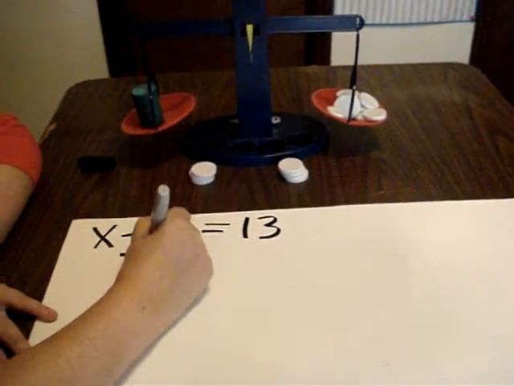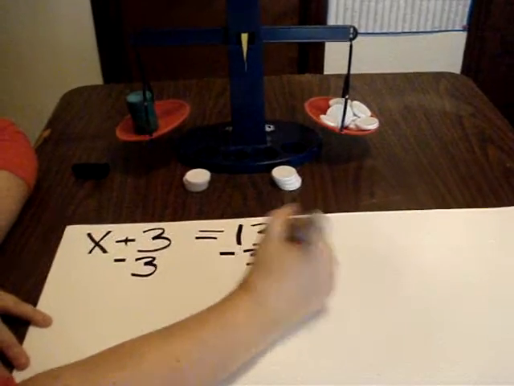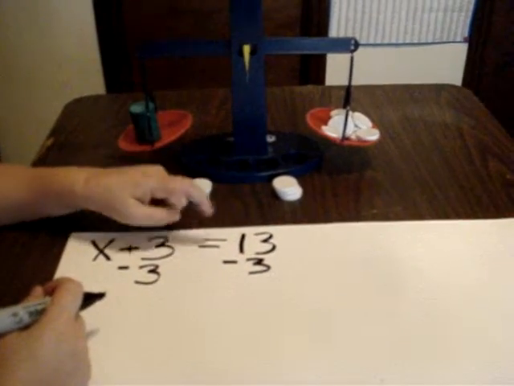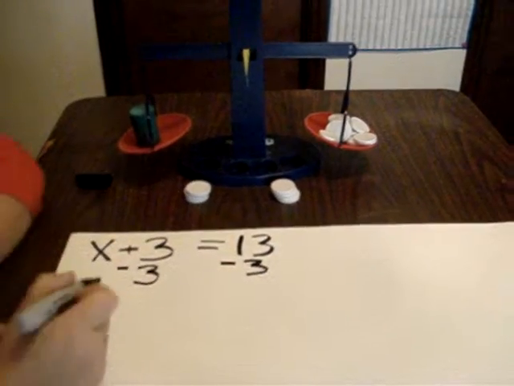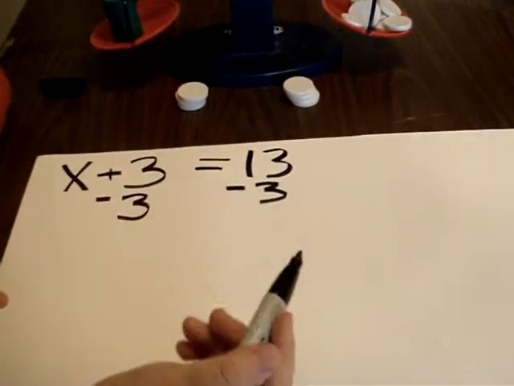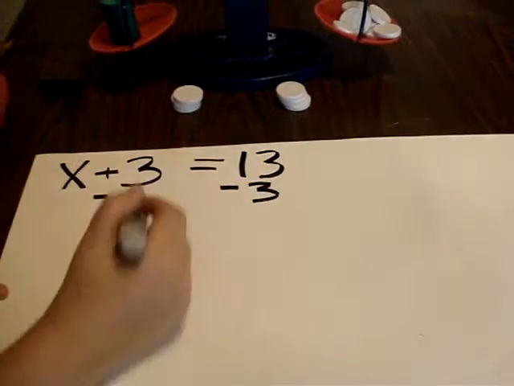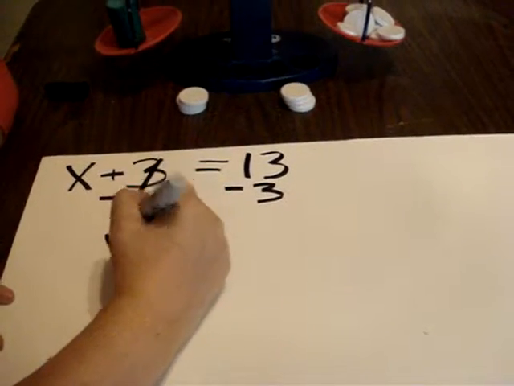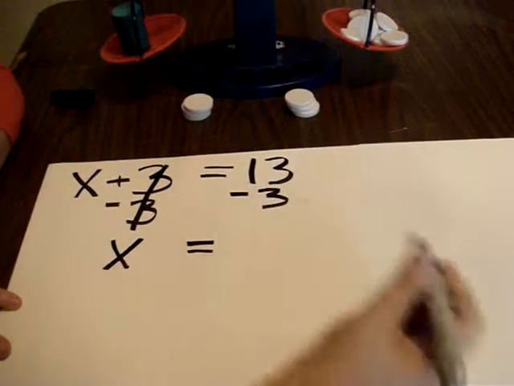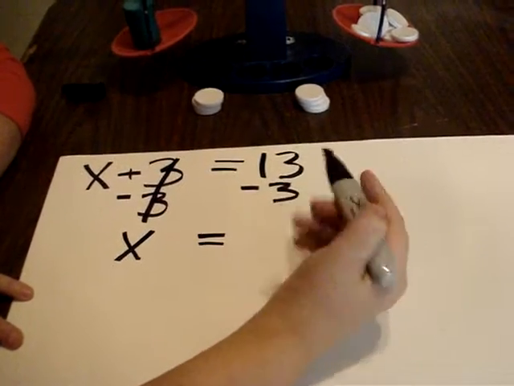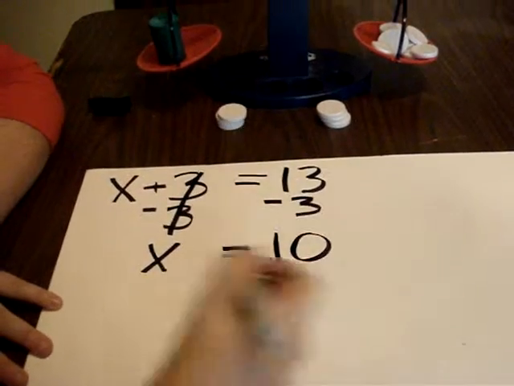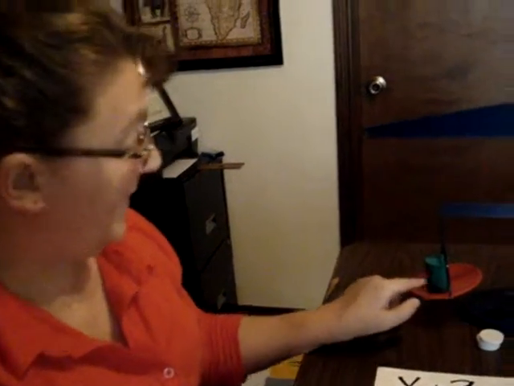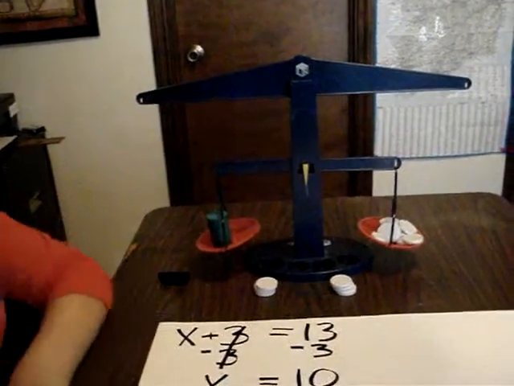We represent that algebraically by subtracting 3. We did it on both sides because we wanted to keep it equal. Now 3 minus 3 is 0. Zeros aren't necessary. So we have just x left on this side. It's still equal. And our 13 minus 3 is 10. X equals 10, which is exactly how we represented it on our balance. Our x and 10 counters.